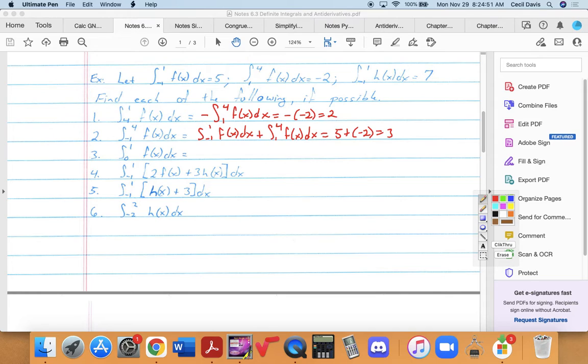All right, what about the integral from 0 to 1? Is it the one where you rearrange them so you go past and cut back some? No? Okay.